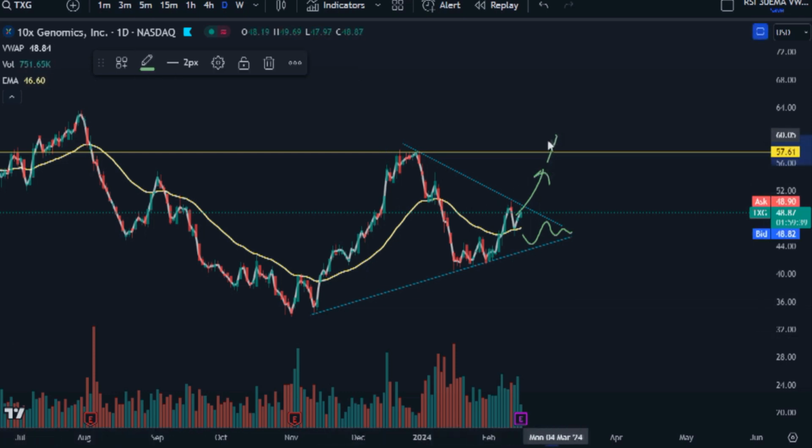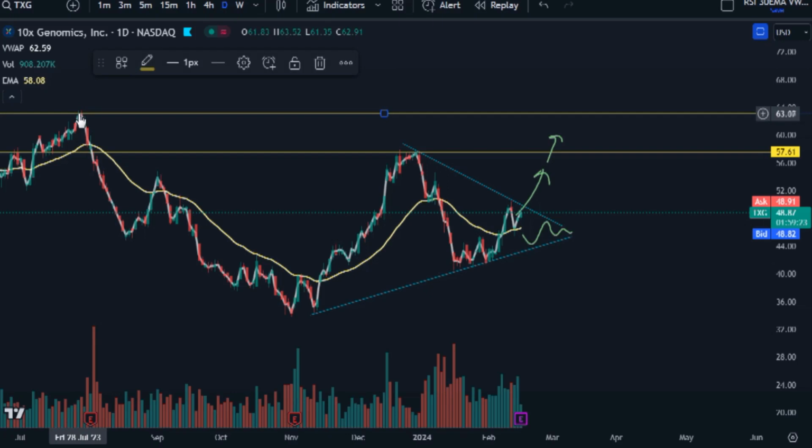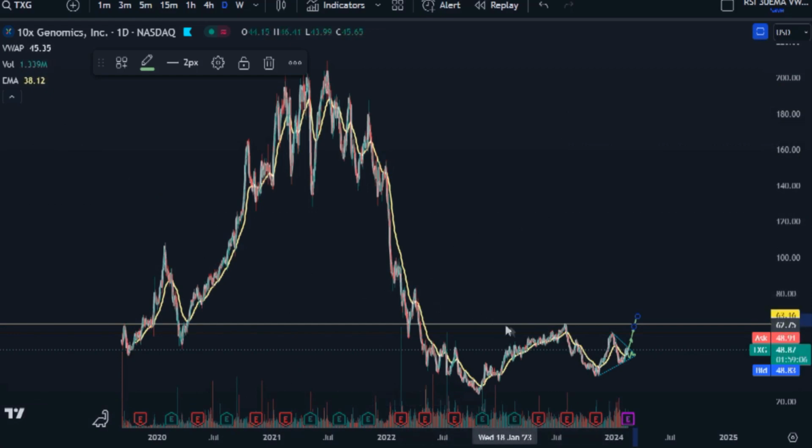Now if it continues to break through that line, that's a very bullish sign. So we have at least till this line here, with the prices at about 57.5, 57.61. And then the next horizontal line or price that it could have some resistance at would be around 63. So again, if it pierces through that resistance line, it should have nowhere to go but up.